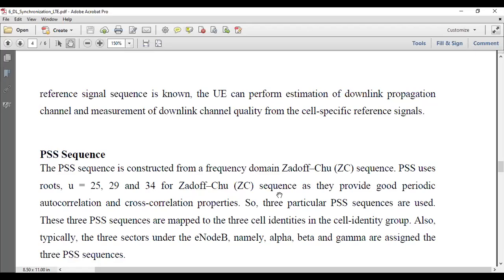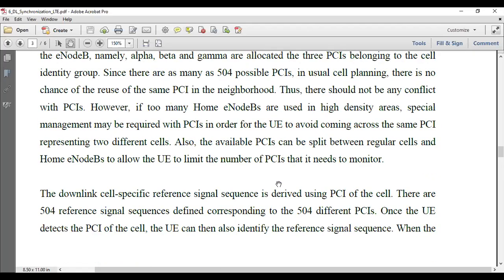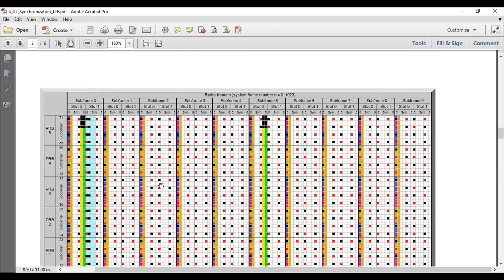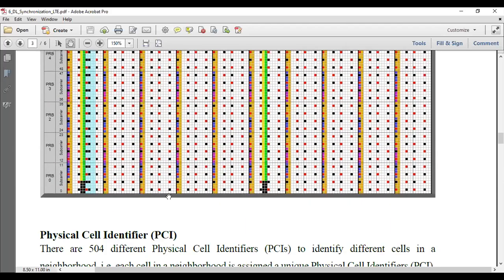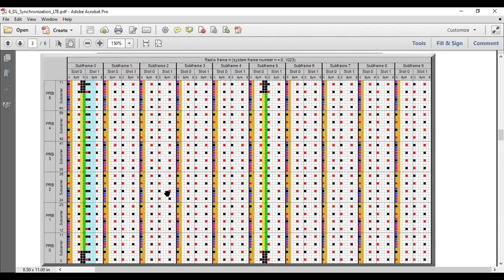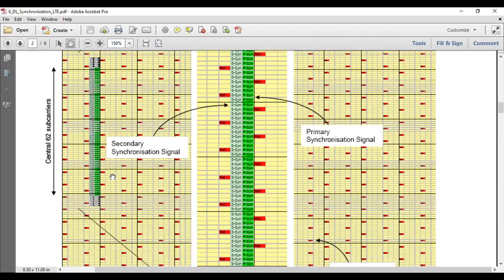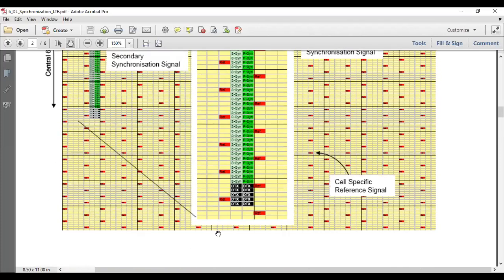So what do you do? You check with the particular ZC sequence in every symbol. After you power up, you keep checking. Maybe you have powered up here, so in this symbol you keep checking. You go through the frequency range of energy. Once you sweep through the frequencies, you know which part of the frequencies have the transmission. Go to the central part, take the 72 subcarriers in length.